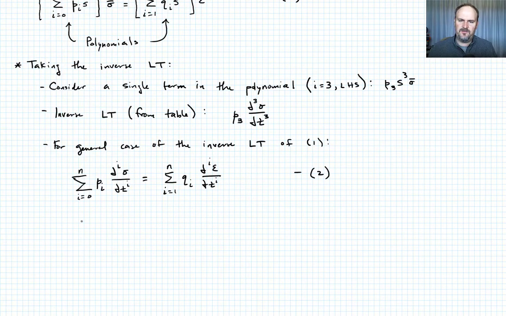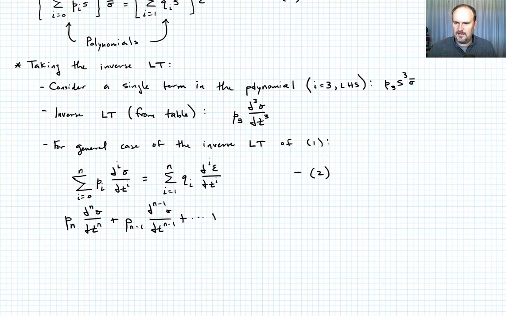Let me expand this out so we can look at what the terms are doing. We have p sub n, and I'm going backwards now, the nth derivative of sigma with respect to time, plus p sub n minus 1 times the n minus 1 derivative of sigma with respect to time, plus dot dot dot, plus p1 times the derivative of sigma with respect to time, plus p0 times sigma.